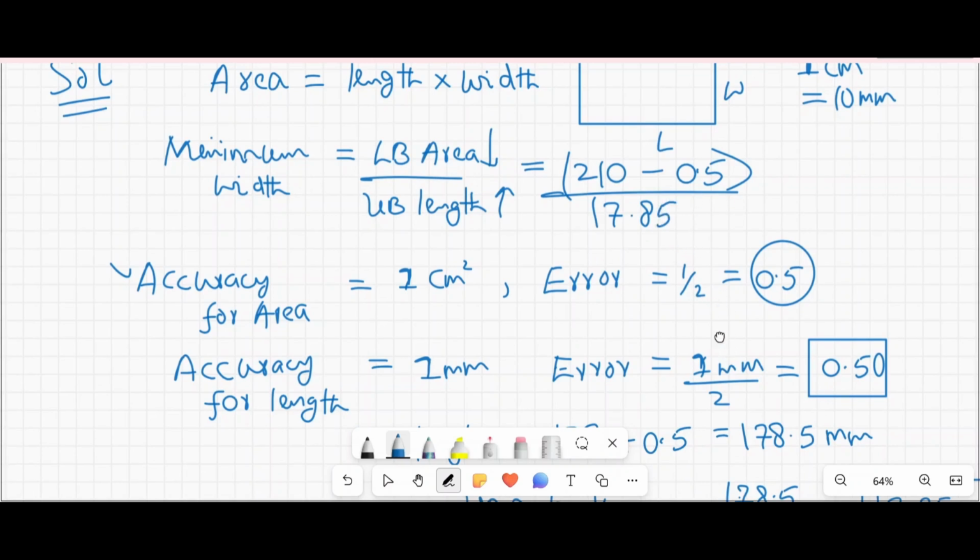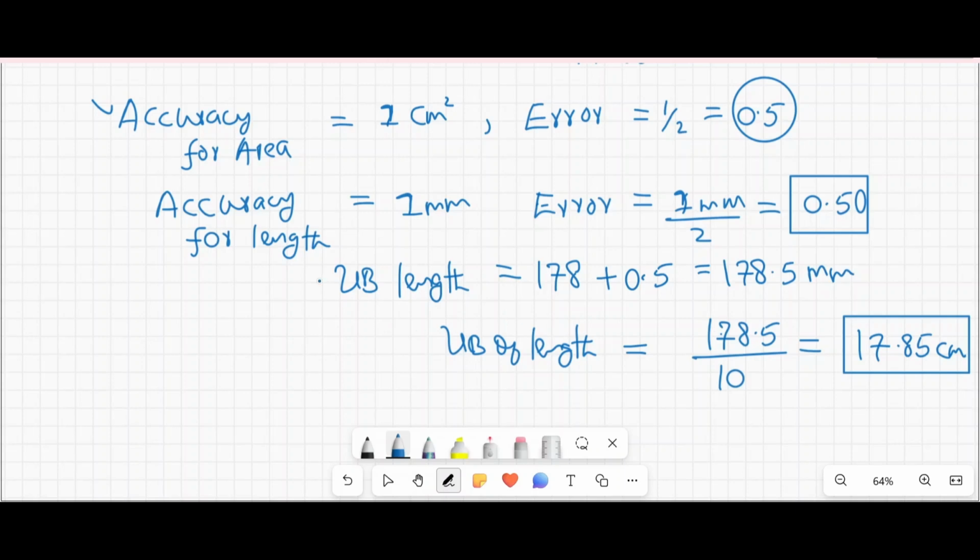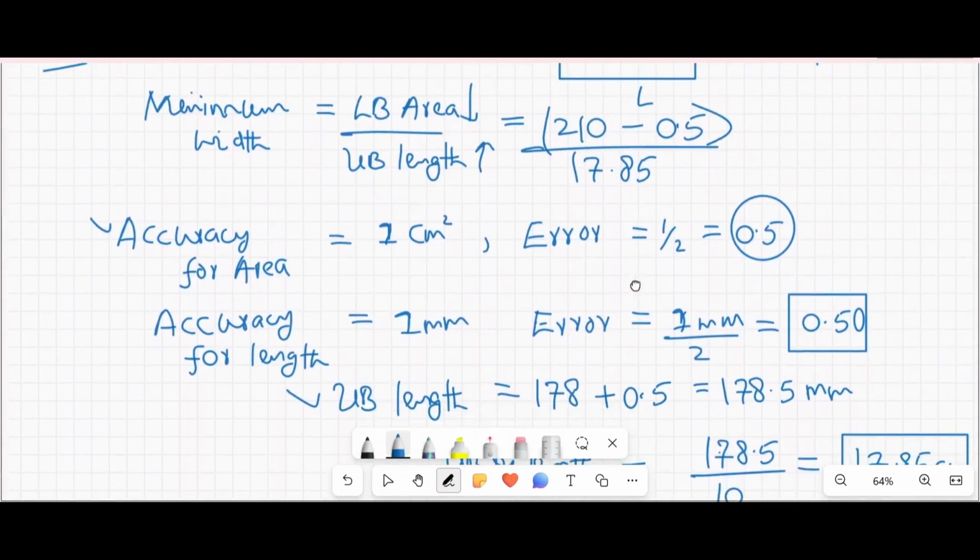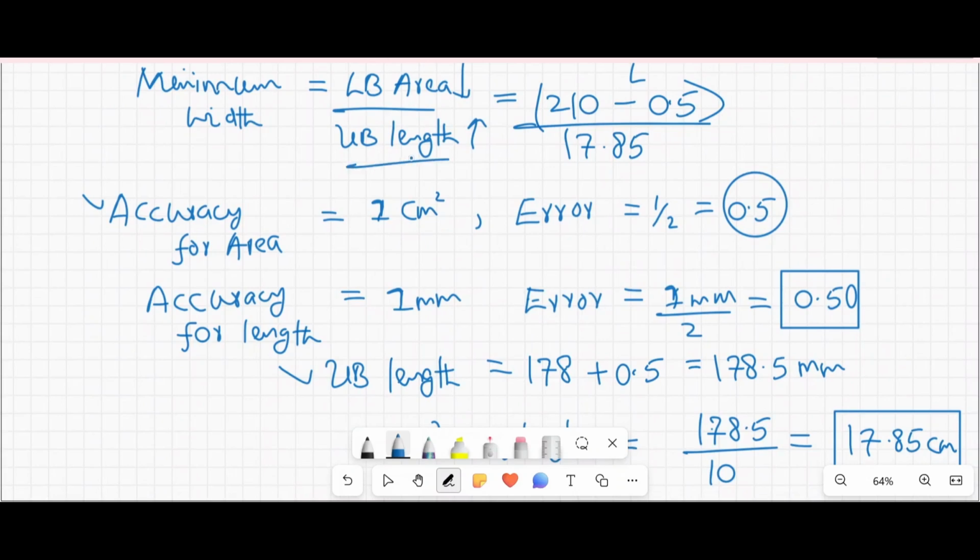Because I have just calculated the upper bound length, I don't have to add anything else. So now what we will get is 210 subtract 0.5 divided by 17.85. So we will get 11.736.